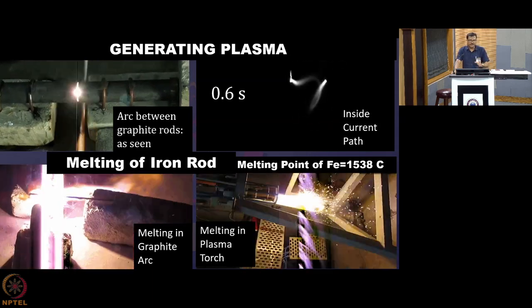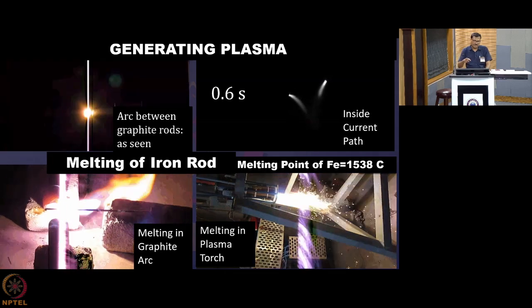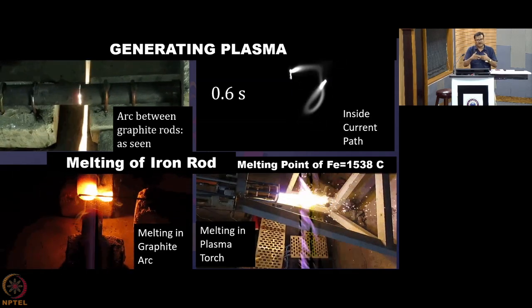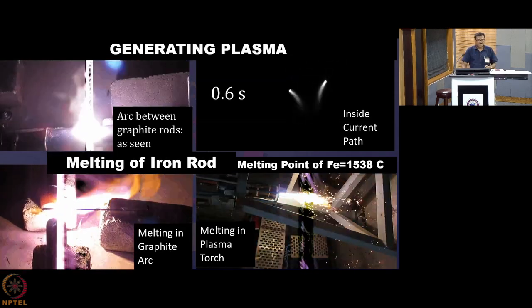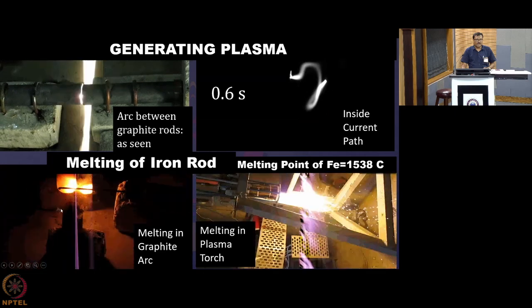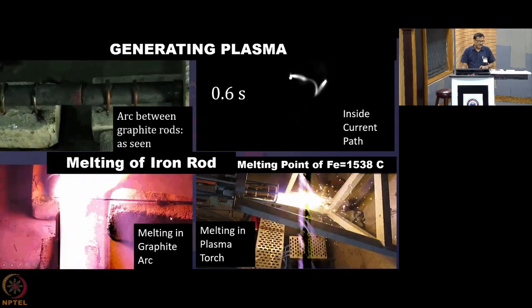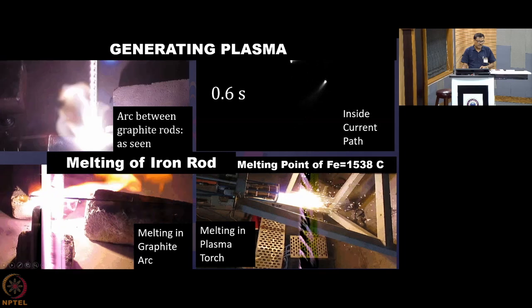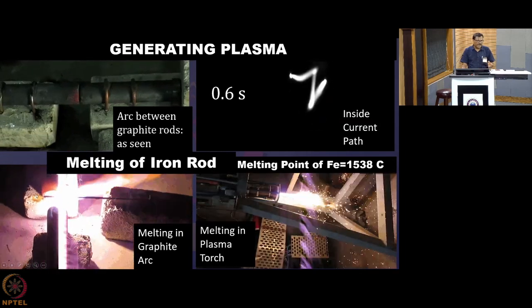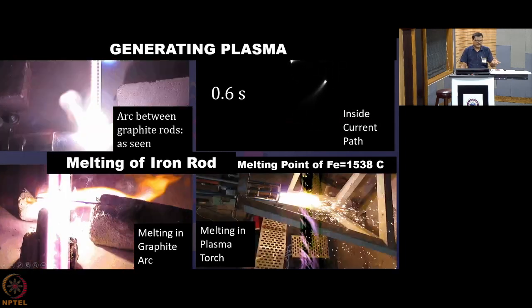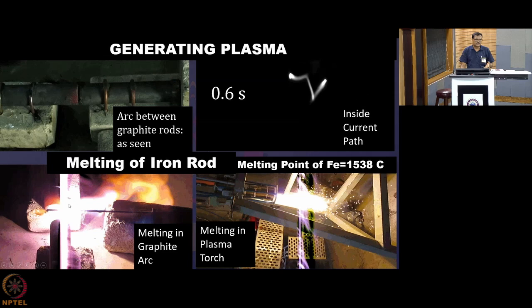What we have done is put that rusted rod in between the two graphite rods where the plasma plume is coming up. Just see the lower left corner video: the plasma plume is coming up, and I have put that rusted iron rod inside this. And why is it rusted? Because I got it that way during the experiment.